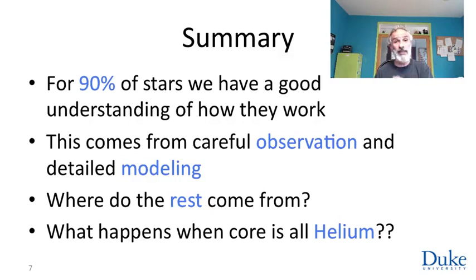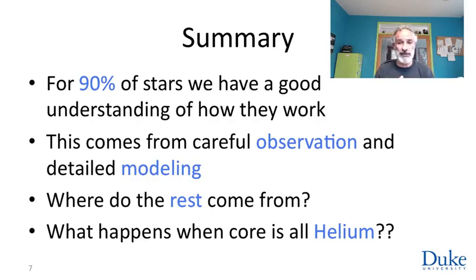A lot of really, really careful observation, and then detailed numerical modeling with the advent of high-speed computing, and putting all that together with experiments on Earth to determine the properties of various nuclear processes. We actually understand a lot about how stars work.